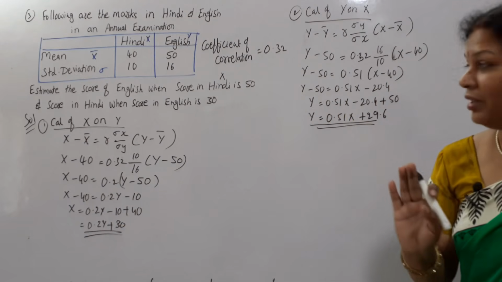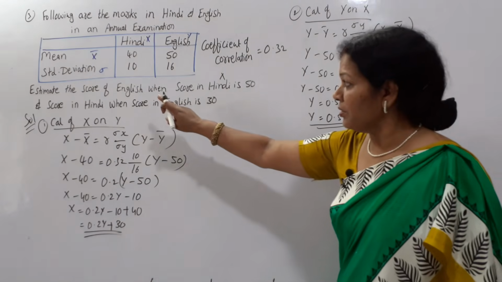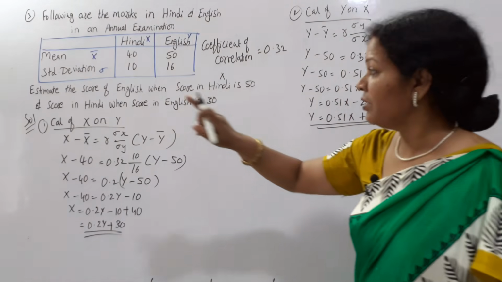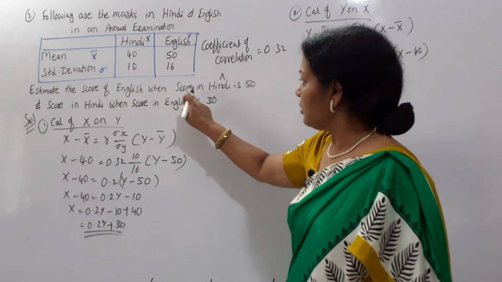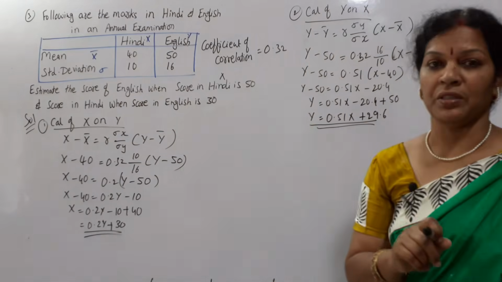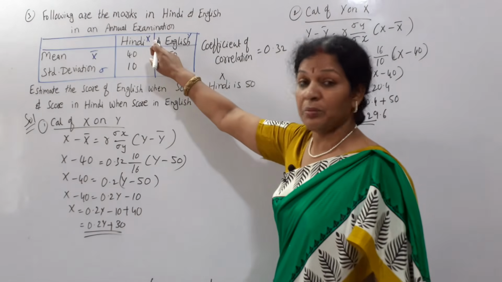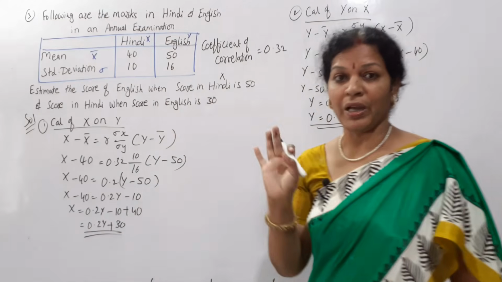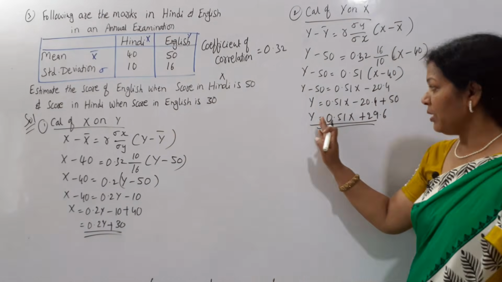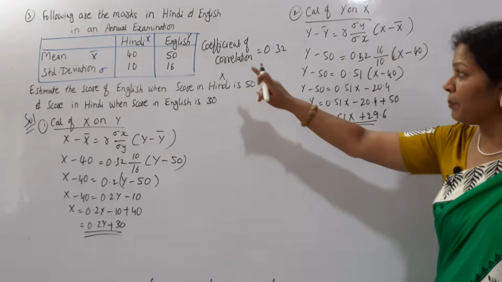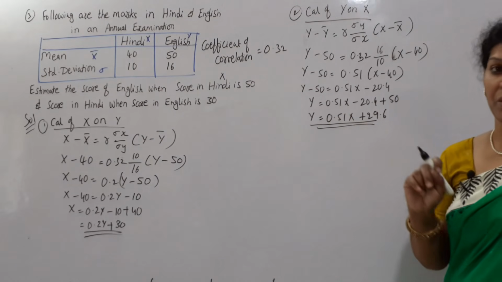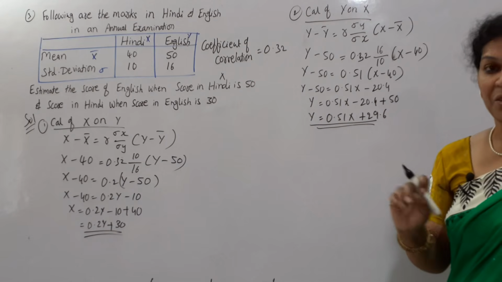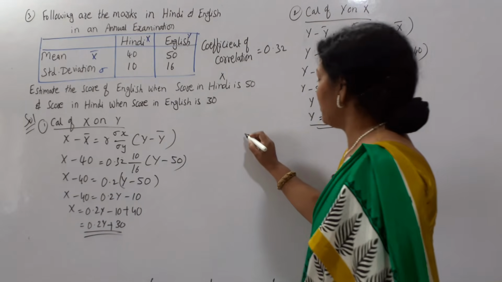No confusion at all. Estimate the score of English when score in Hindi is 50. Score in Hindi means x. When x is 50, find out the value of y. To find the y value, we can apply x in this formula only, right? So I will apply this.